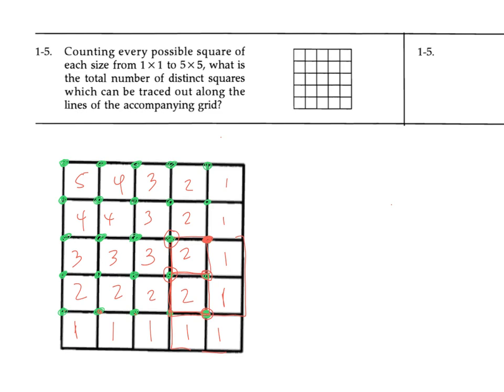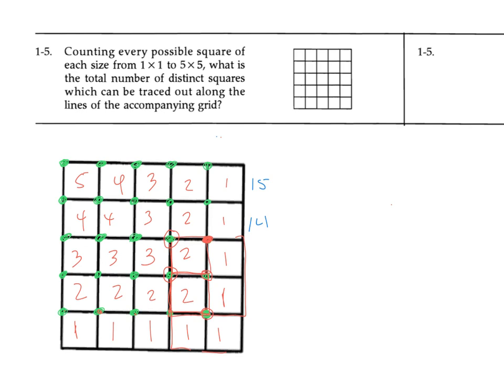Okay, and now all you need to do is add up all these numbers. So you might add up the rows first, and then sum down. So 5 plus 4 plus 3 plus 2 plus 1 gives you a 15. 4 plus 4 plus 3 plus 2 plus 1 will give you a 14.